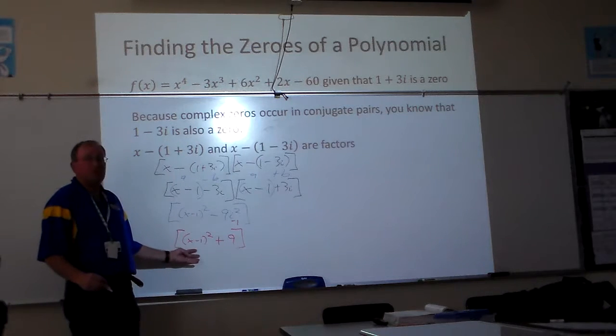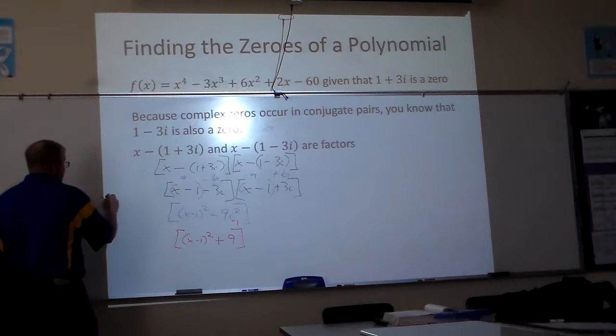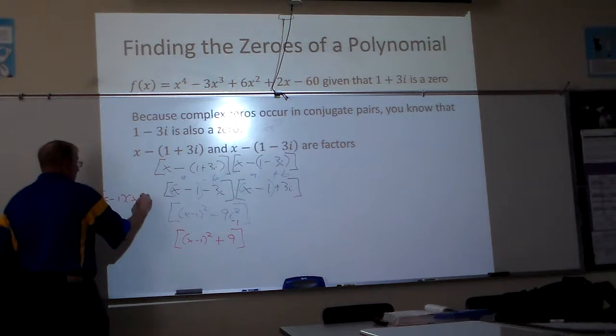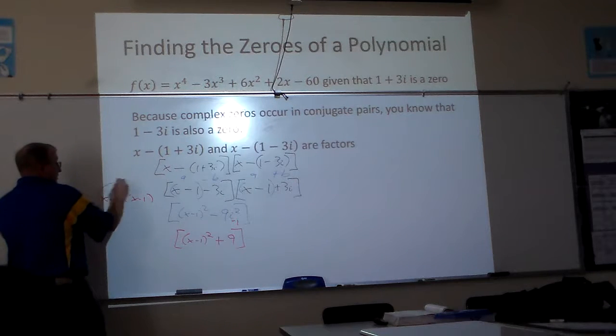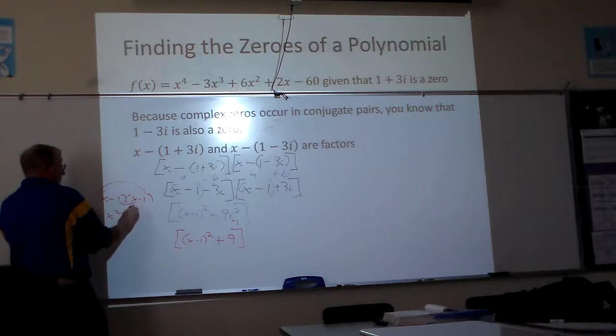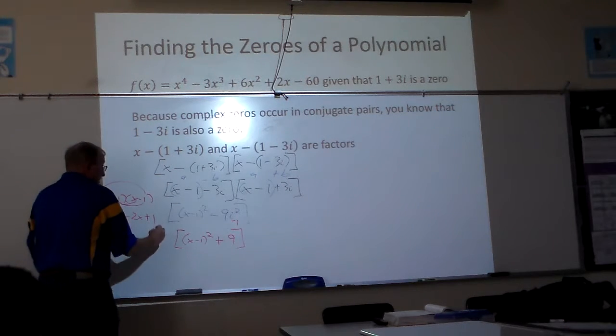So what I'm going to go ahead and do is FOIL this right here: x minus 1 times x minus 1. If I FOIL that, it'll be x squared. The outer term will be a minus 1x. The inner term will be a minus 1x, making minus 2x. And negative 1 times negative 1 will be plus 1.